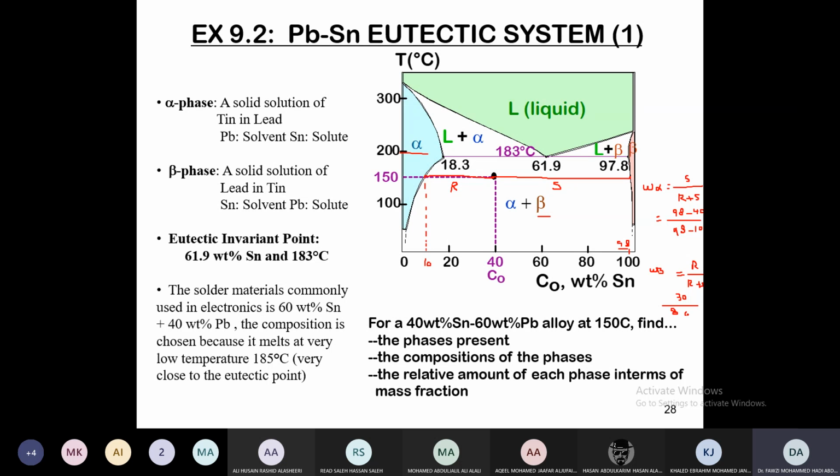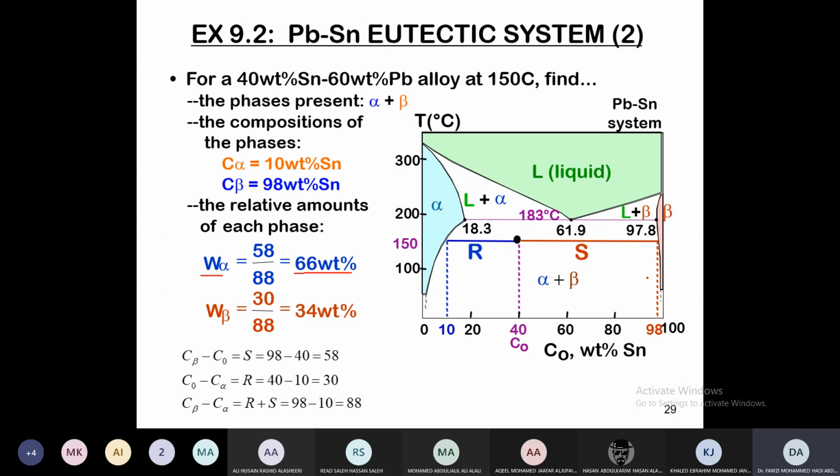You multiply by 100 and you get the weight fraction of beta: 30 divided by 88 times 100, which is 34%.